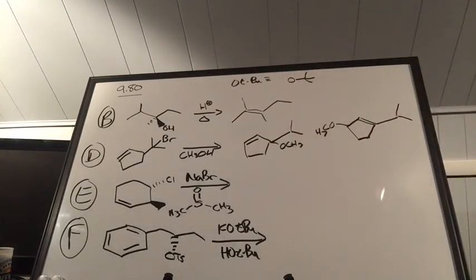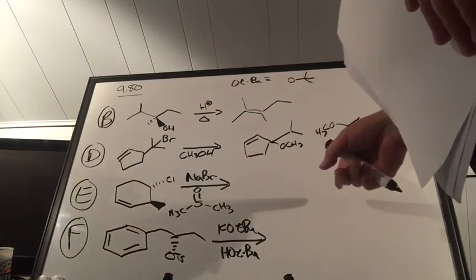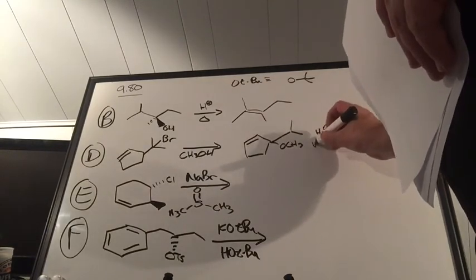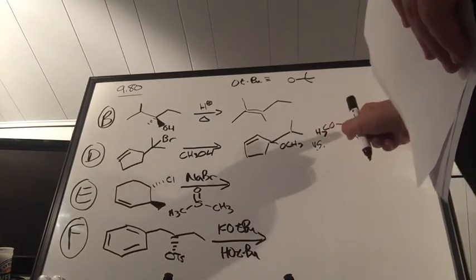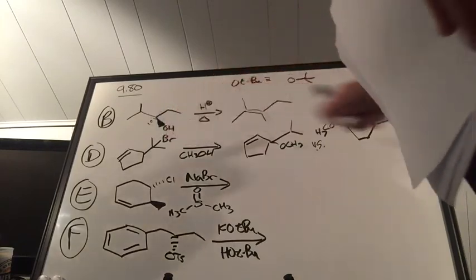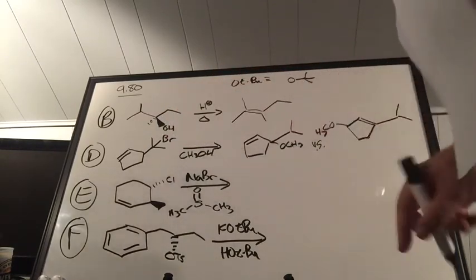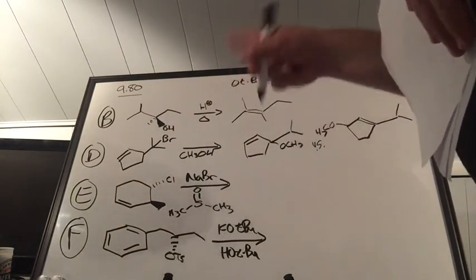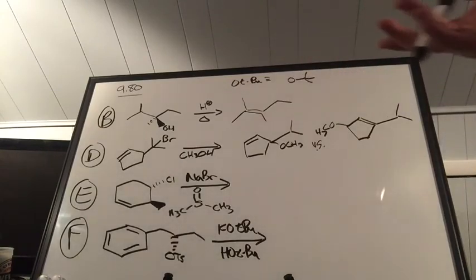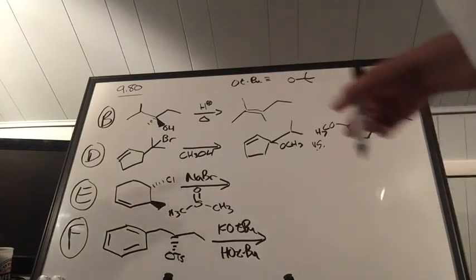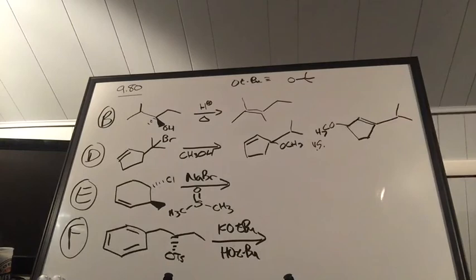Okay. Now, with that said, why don't you work through some of these mechanisms to get these two products and see if that reasoning kind of falls into place. What kind of thermodynamic product and what kind of kinetic product are you going to form?